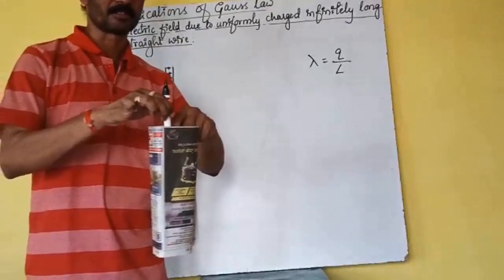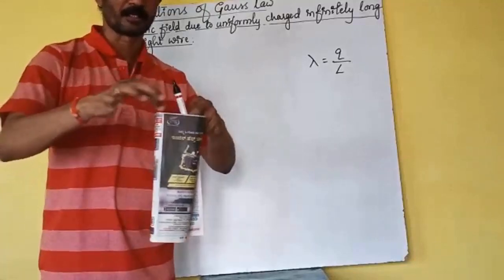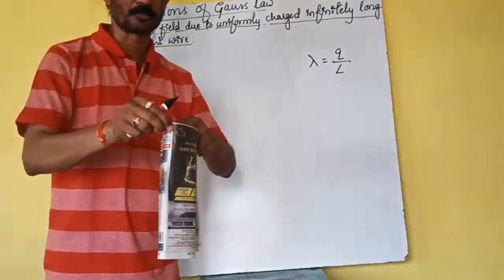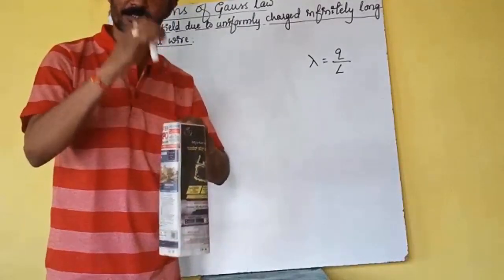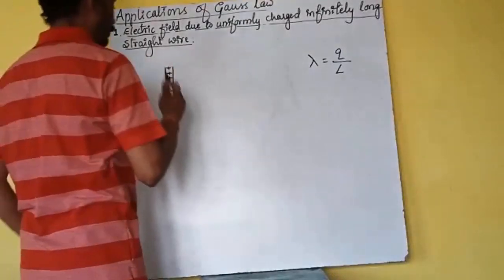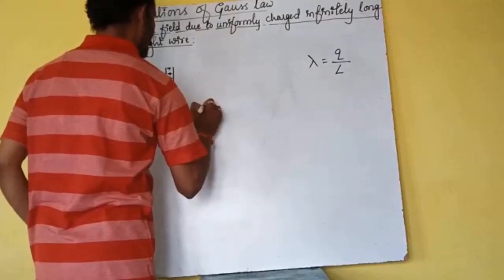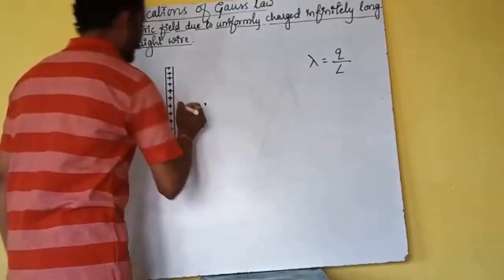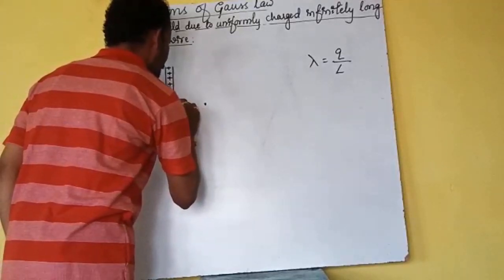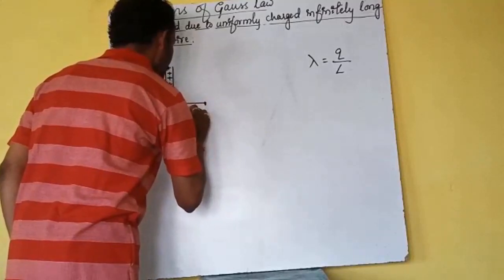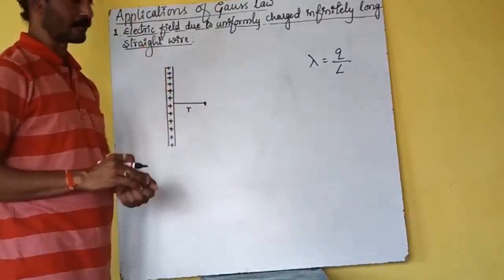Let us consider this pen as a linear charge. It produces electric field in all directions, so it produces a cylindrically symmetric electric field around it. Let P be a point at a distance r from the wire.